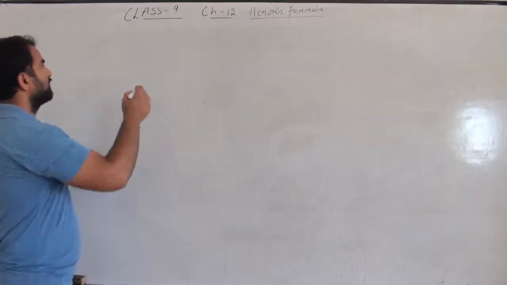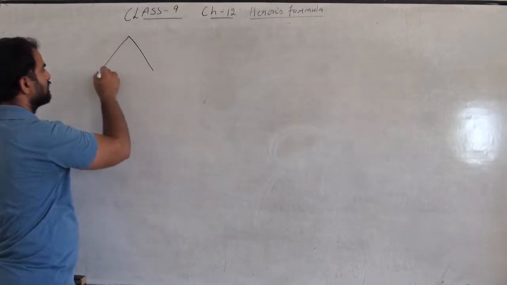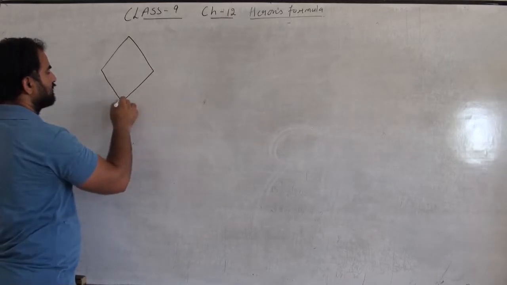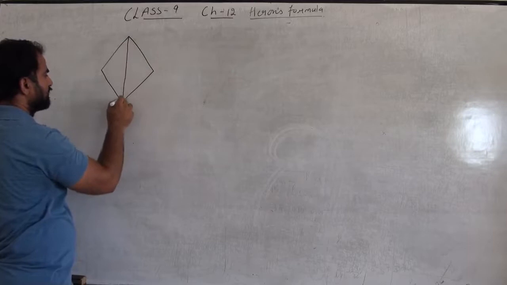Okay, so first of all we have to make a rhombus. Let this be the longer diagonal.